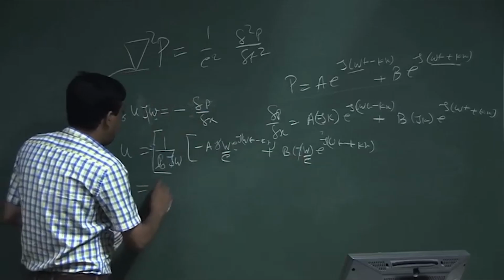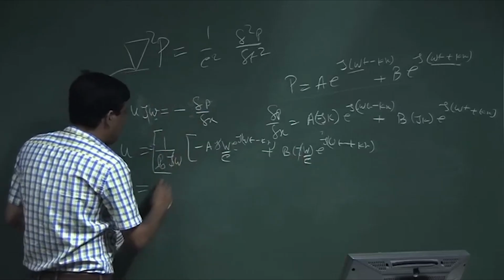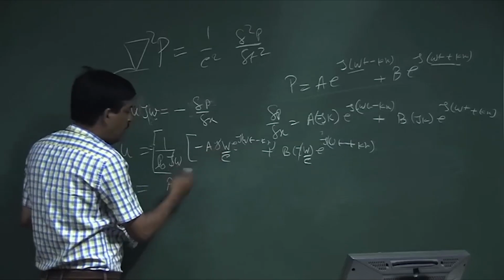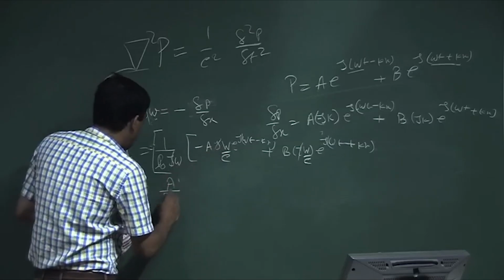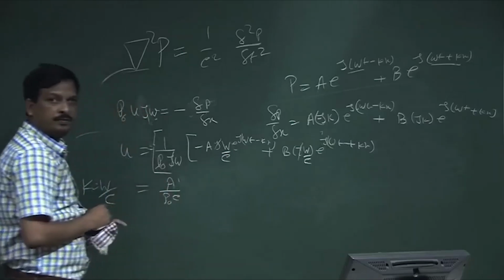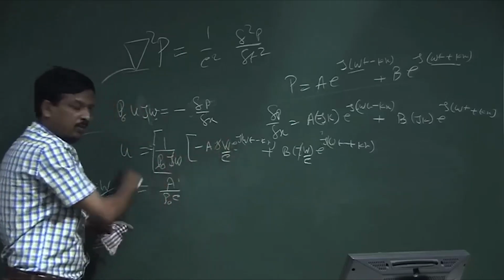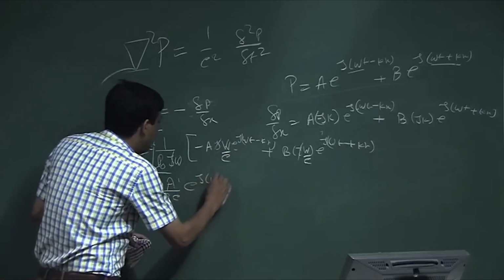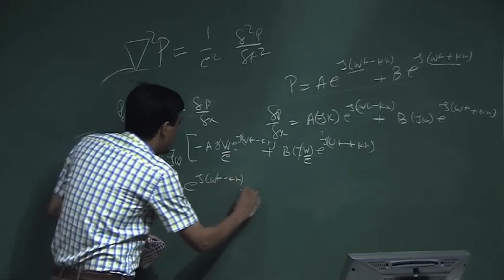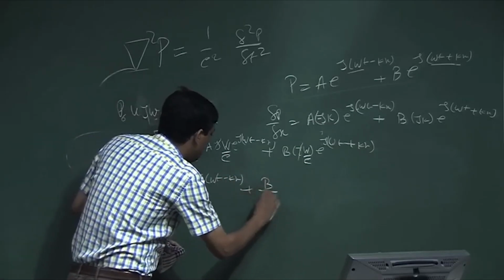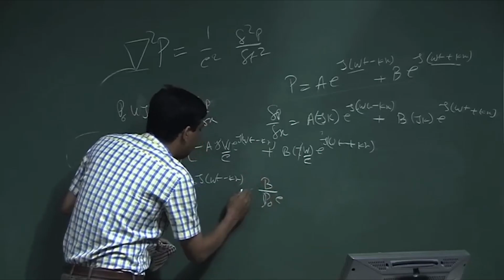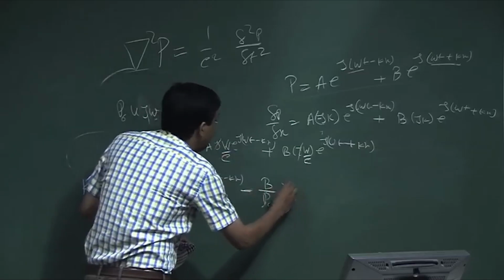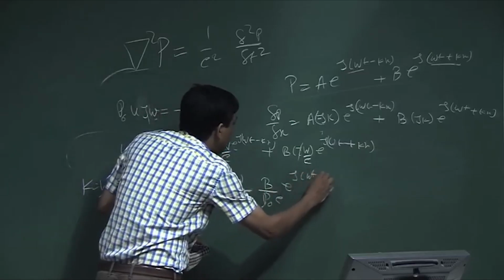So it is minus a by rho c e to the power j omega t minus kx. The b term will not be plus, it will be minus, because of the minus sign: minus b by the same rho c e to the power j omega t plus kx.